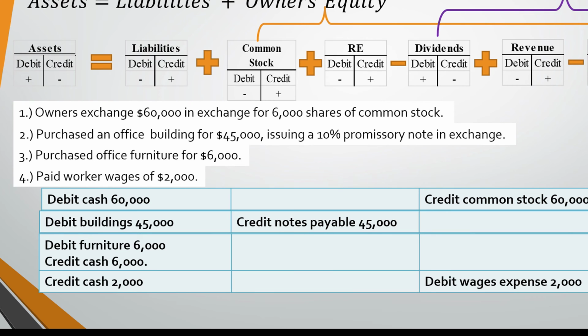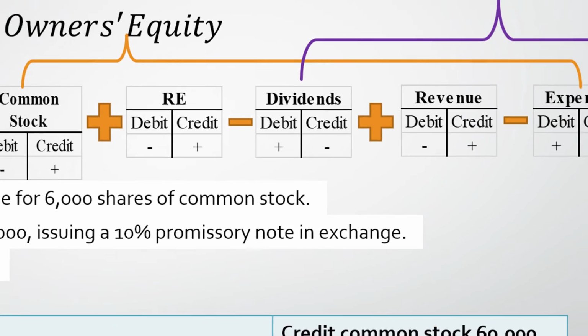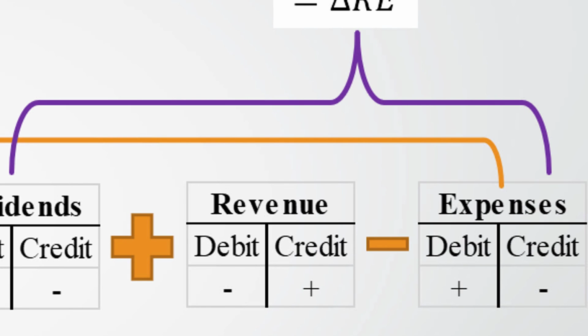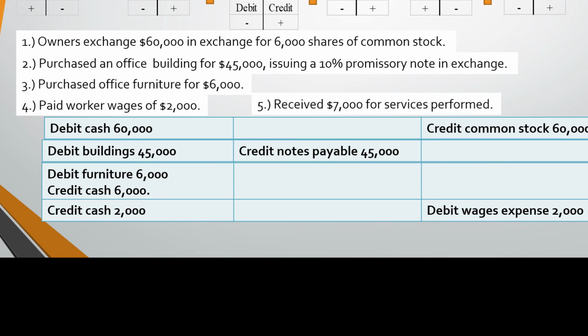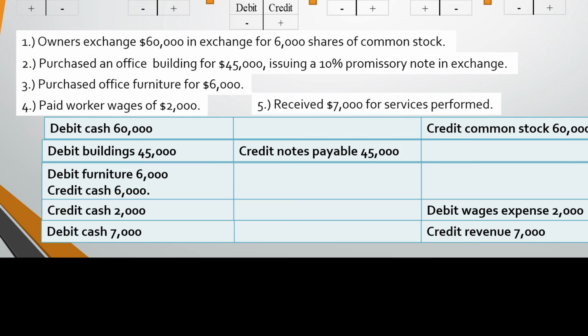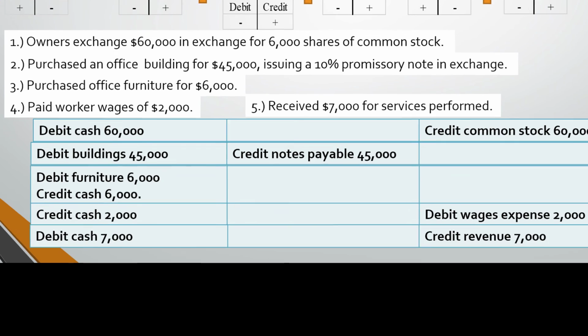Credit cash because cash is going down. Debit wages expense. And if you look up here, expenses go up on debit. So that makes sense as well. And finally, we're getting paid $7,000 for work we did. Debit that cash, credit that revenue.